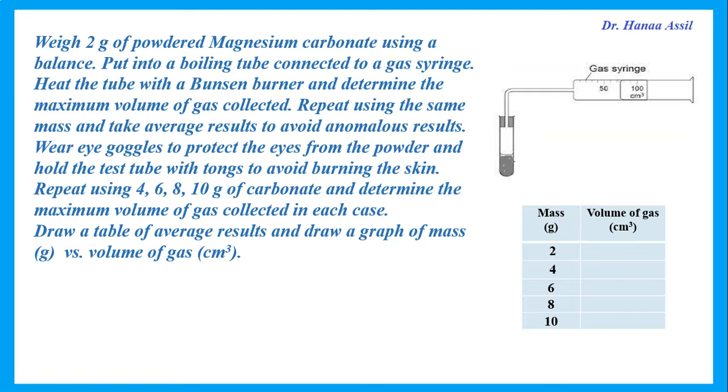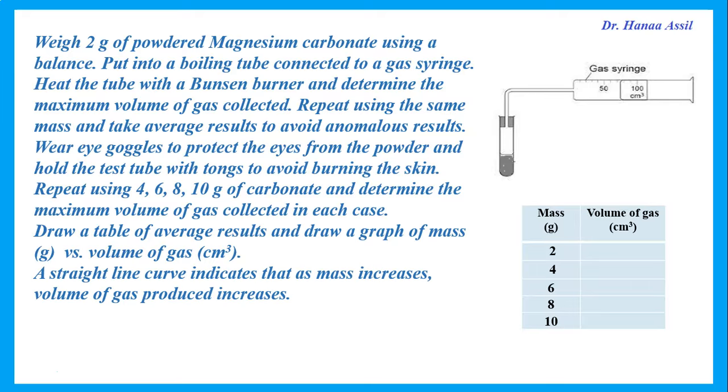Of the average results, and draw a graph of the mass in grams versus the volume of the gas in centimeter cubed. You always mention units. Then you can say that a straight line graph indicates that as the mass increases, the volume of the gas increases.